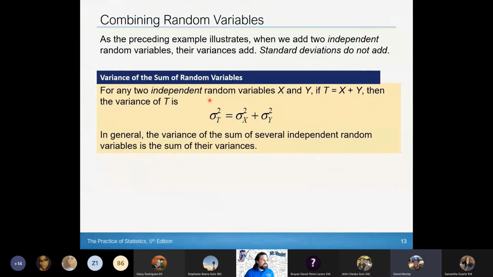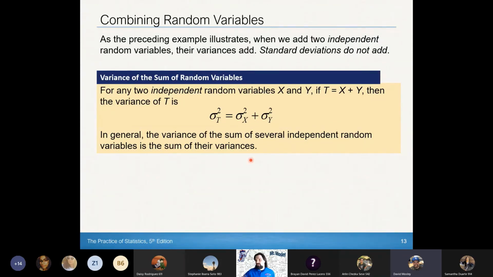For any two independent random variables, x and y, if t equals x plus y, then the variance of t equals the variance of x plus the variance of y. In general, the variance of the sum of several independent random variables is the sum of their variances.